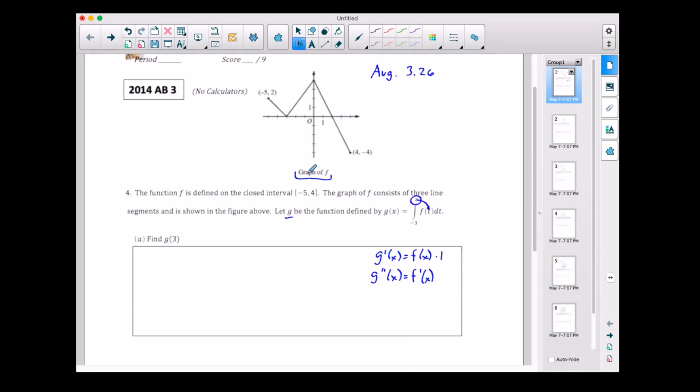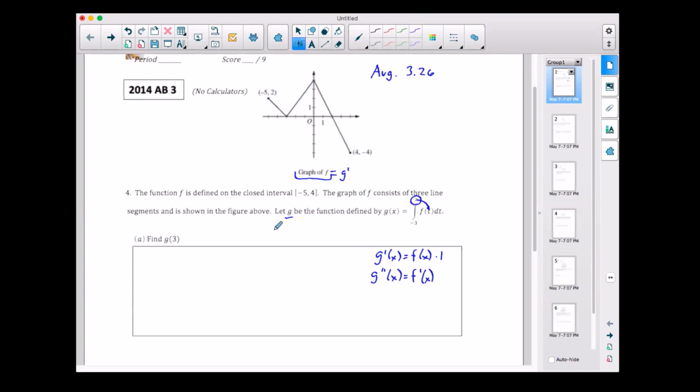So g prime is equal to f. Notice this was a graph of f, so I'm going to put an equal sign there, and we just discussed that f is the same as g prime. So not only is this a graph of f, it's a graph of g prime. Anytime they're talking about g prime, I now realize they're talking about this graph.